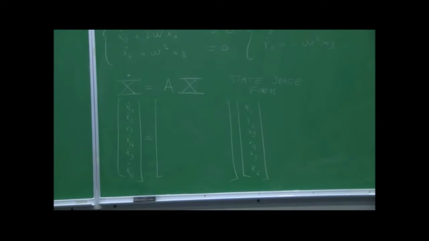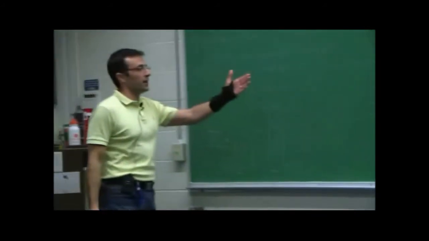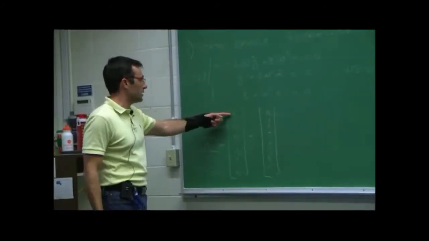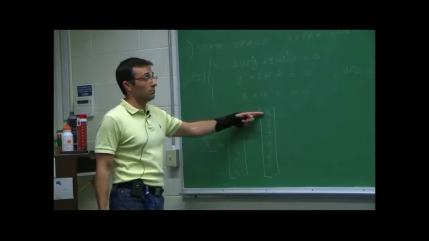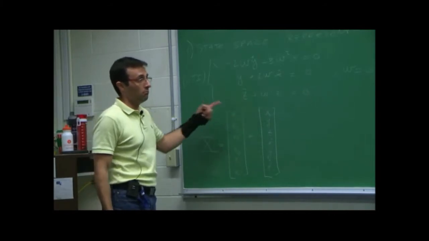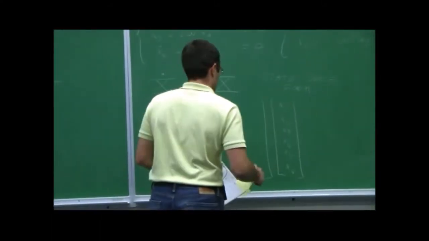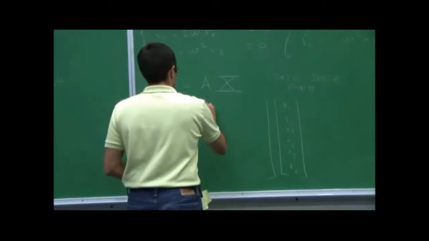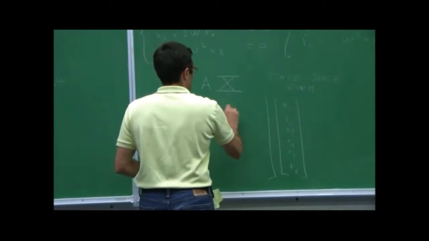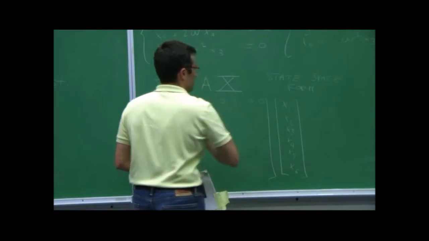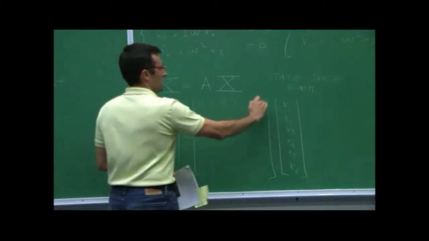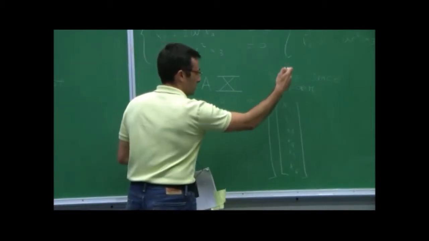But it's just an artifact of this change of variables. x1 dot is, which one? It is x4. 0, 0, 0, 1, 0, 0. x1 dot is this row multiplying this column.